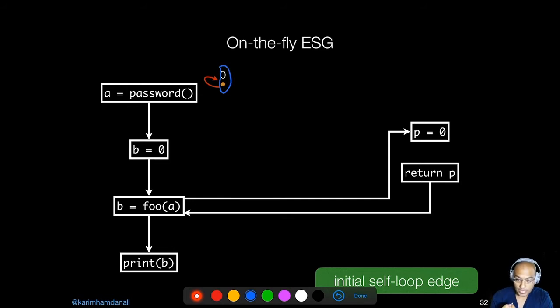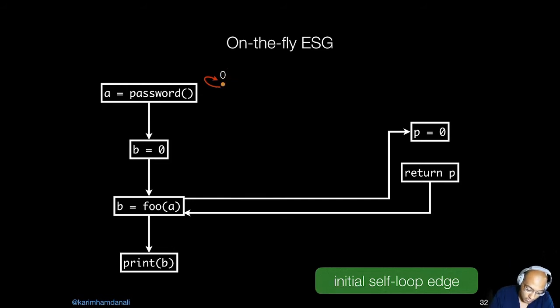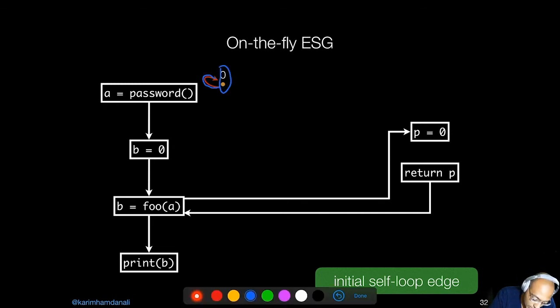So the first thing that I have to start with is the initial tautological fact 0. This is always going to be reachable. So I'm going to start my construction with it before the first statement. And to initiate the propagation of the data flow, I'm going to say that the data flow of this edge goes to itself. So it self-initializes, it bootstraps itself.